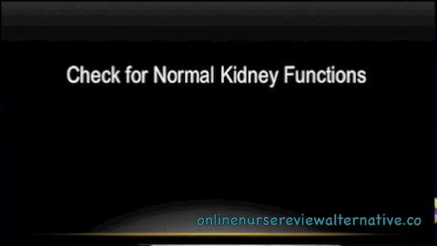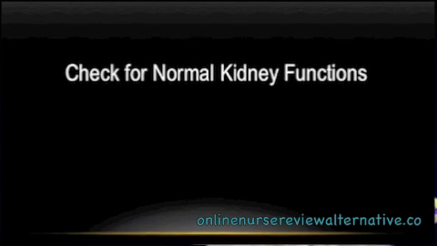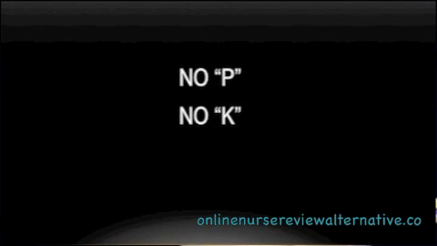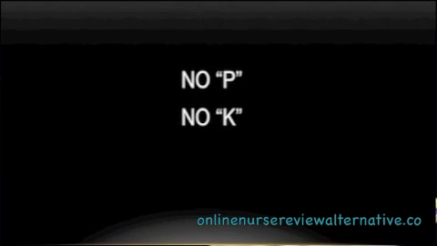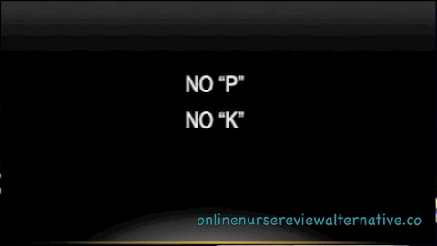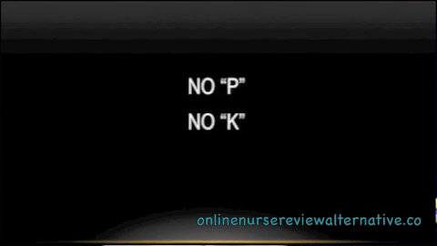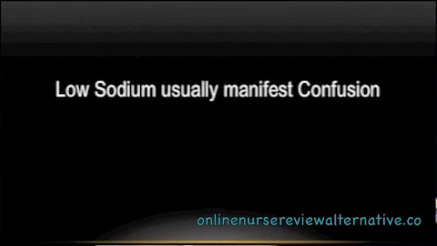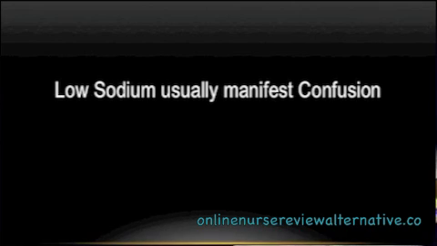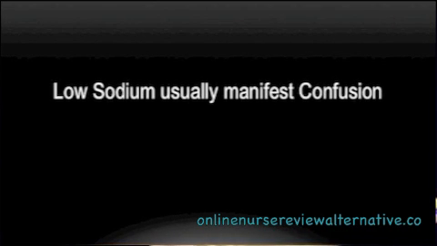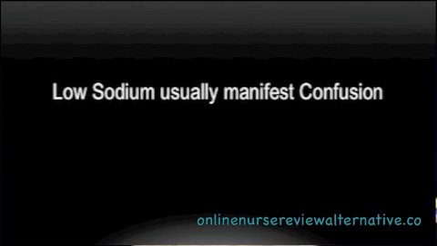Remember that we want to make sure the patient voids before we add potassium to the IV solution. Therefore, no P, no K. If the client isn't voiding, then make sure that no potassium is added to that solution. We also know that patients who have a low sodium will usually start off with confusion. So those are two ways to look at sodium and potassium also.